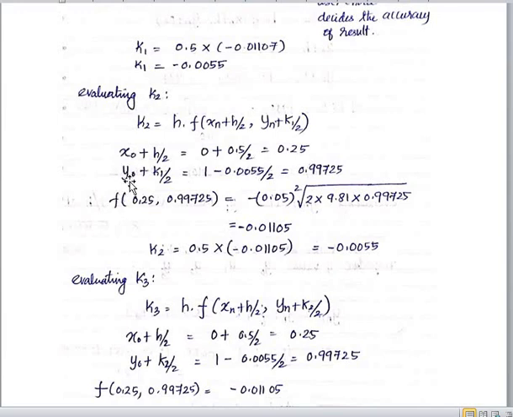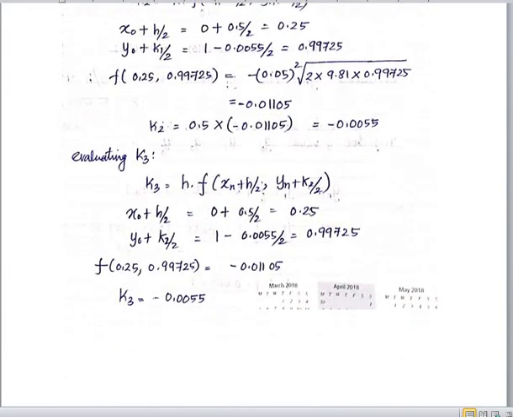And y0 plus K1 by 2: y0, the initial condition, is 1, minus the K1 value you calculated previously, so this becomes 0.99725. For these x0 and y0 values we have to evaluate the function. So I substitute 0.25 and 0.99725 into the equation, evaluate it, and multiply it again by 0.5, and there the K2 value is found.